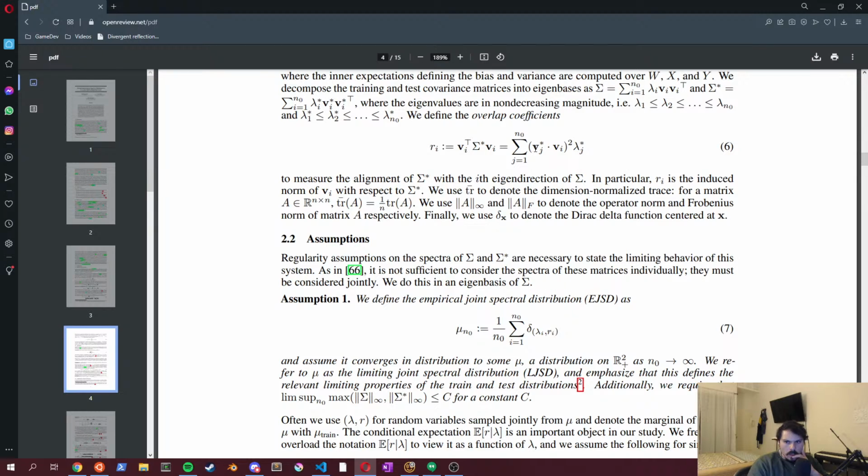Where r is basically like the length of the eigenvectors. Or no, this. Okay, it's kind of a weird object.